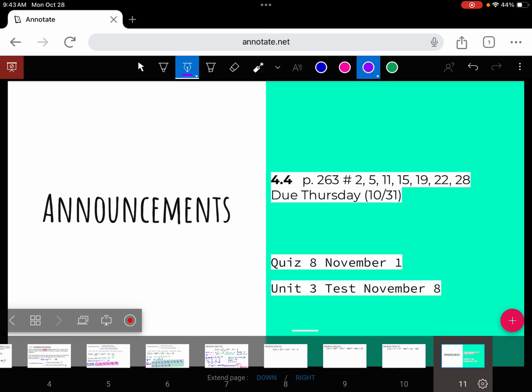Let me see what I did for 4.4. I used 3 pages for homework 4.4, but that includes all of my showing work and all of my arrows and trying to keep things in a logical progression. So we will practice more with this tomorrow.